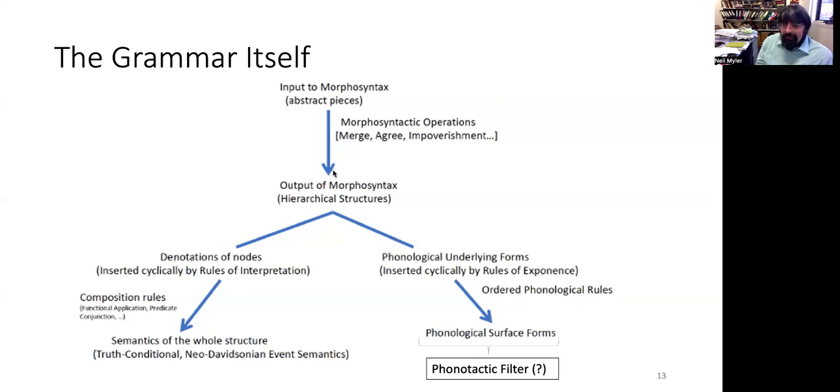But I'm less convinced now than I was at the beginning of the semester that this phonotactic filter has to be part of the grammar itself. There's a chance that you might be able to reformulate this as that is, one's phonotactic knowledge might in fact be a property of the grammar builder in a way that I'll get back to. But this transparently is a realizational model of morphology.